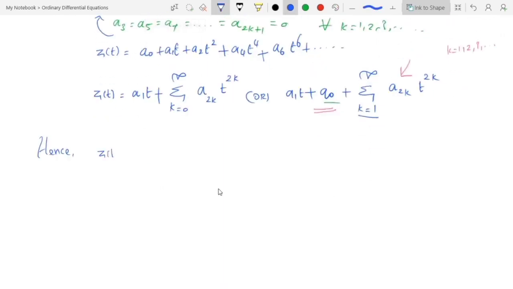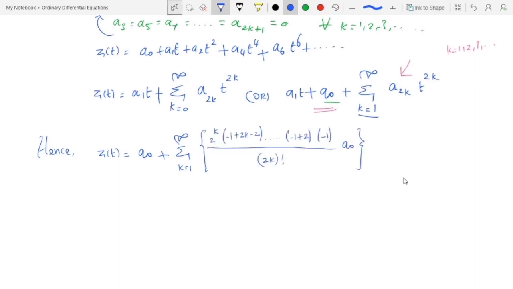Hence, z of t is equal to a0 plus summation k varies from 1 to infinity, a2k is replaced by 2 power k into minus 1 plus 2k minus 2 and so on to minus 1 plus 2 into minus 1, whole divided by 2k factorial into a0 into t power 2k, and also plus a1 of t. In the first and second terms, a0 is common to both, so take it out.